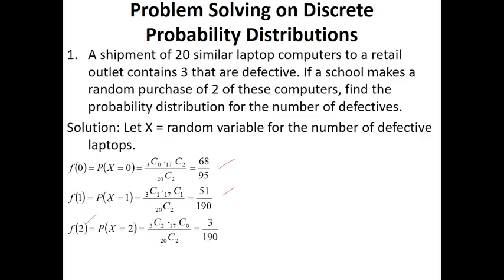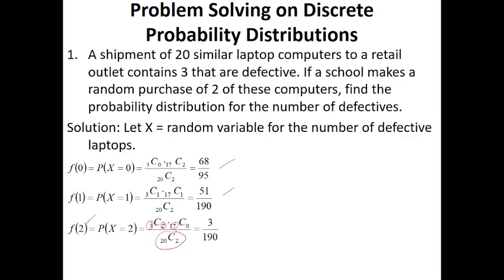So for f of 2, we are to consider the number of laptop computers that are defective, which is 3, and those laptop computers that are good, 17. So 3C2 times 17C0 over 20C2.